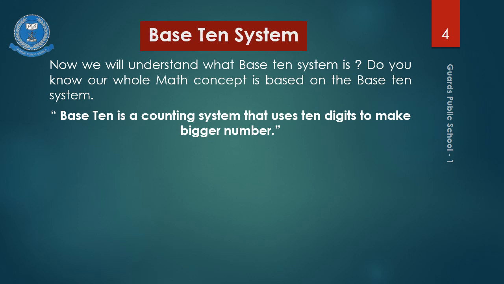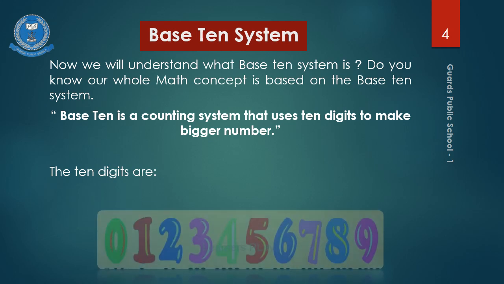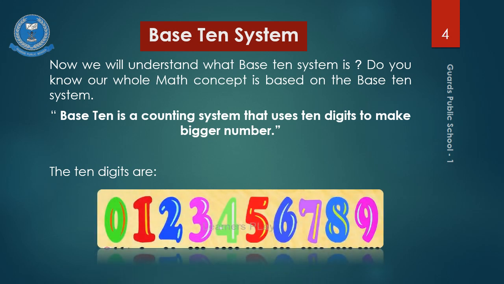The 10 digits are 0, 1, 2, 3, 4, 5, 6, 7, 8 and 9. Hope you all know about digits, numbers and the base 10 system.